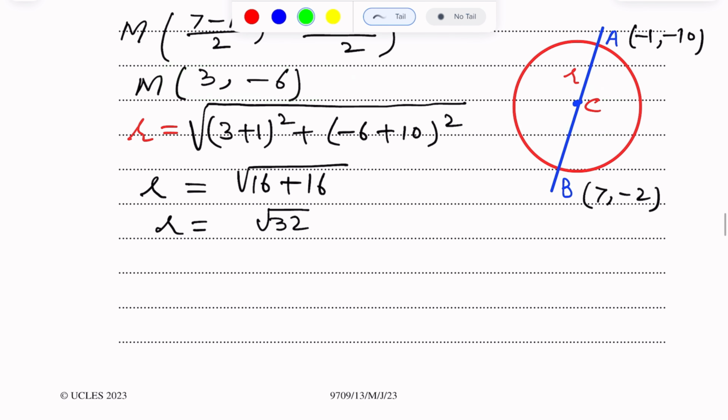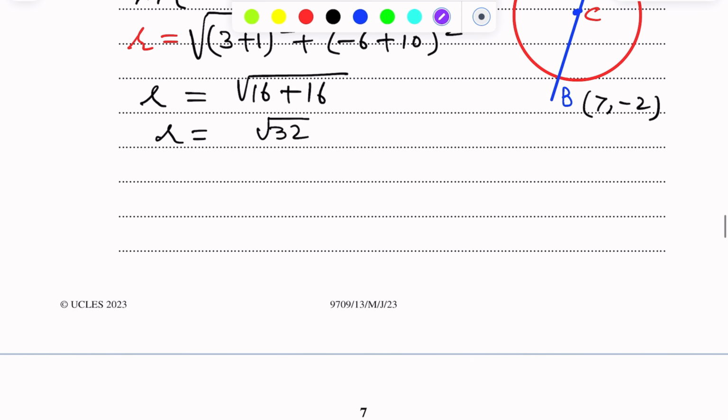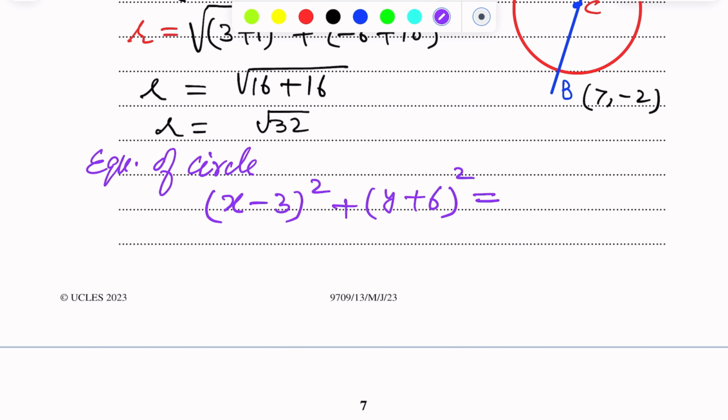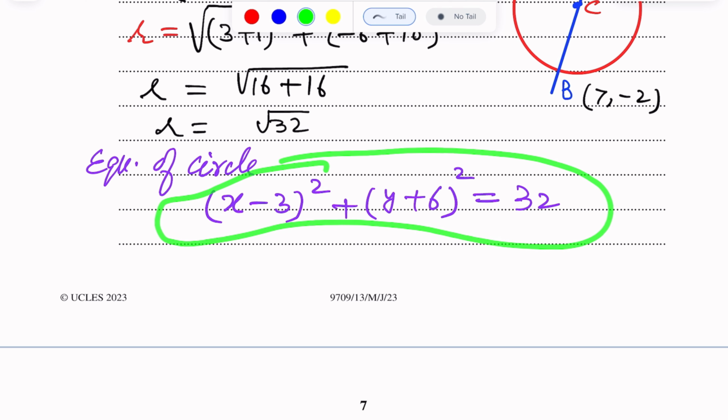So the equation of the circle will be (x − 3)² + (y + 6)² = r², where r is the square root of 32. Taking the square, the square root is removed, so we get 32. This is the required equation of the circle.